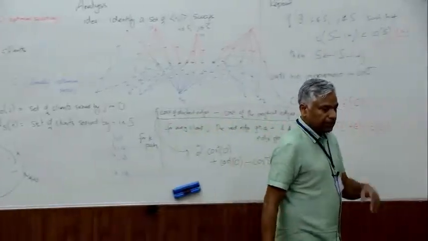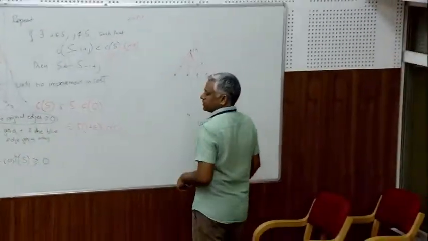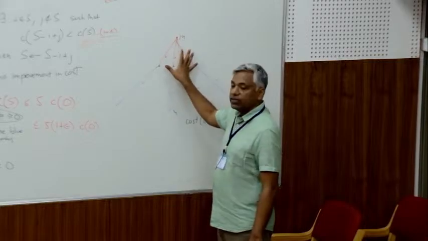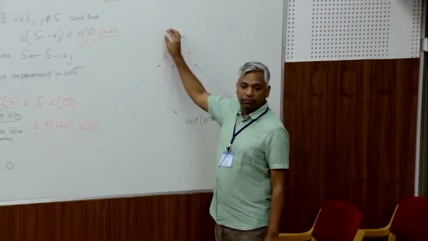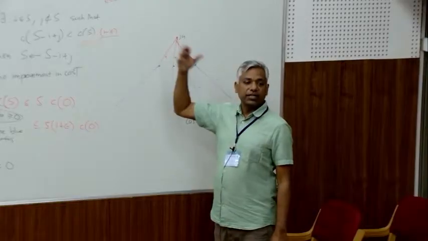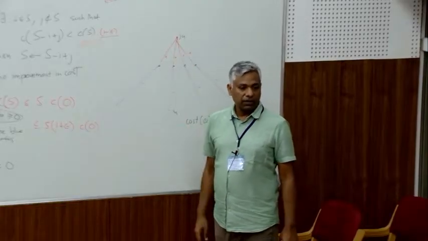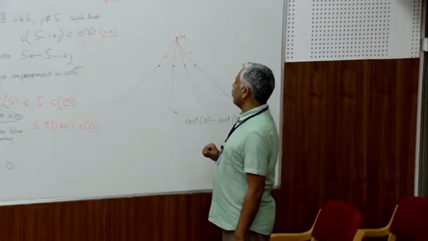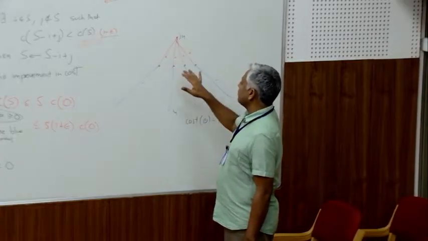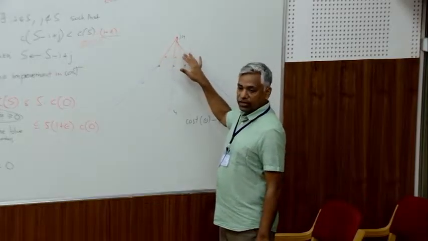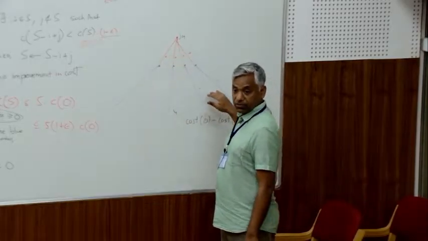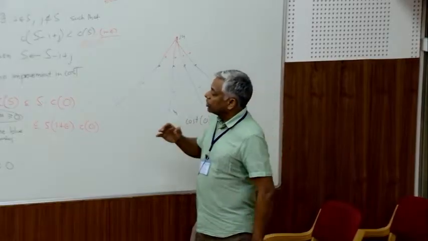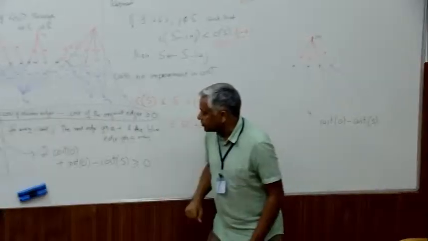But the simpler thing is that when I'm opening a new facility, all the clients that the new facility is serving in the optimum solution can all go there. As I said, I choose the reassignment. I decide who goes where, and the best is only better than what I do. So I say that you all go there. Clearly, my cost will increase by this, but it will also decrease by this amount. So I'll get this additional term.